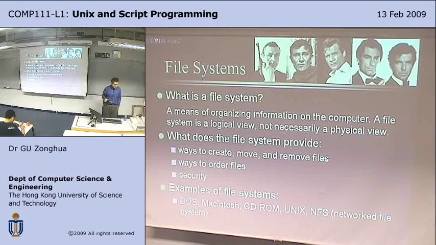So NFS is network file system, which means that you have a file server that stores all the files. And when you log onto a computer in the lab, you're actually logging onto a client. It's connecting remotely to a server to load up your directories and files. That's why you can log on to any machine in the lab and see the same files in your home directory. It's because the files are not stored locally. They're stored remotely on a remote server connected via NFS.